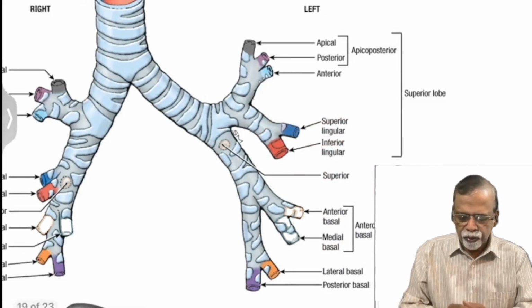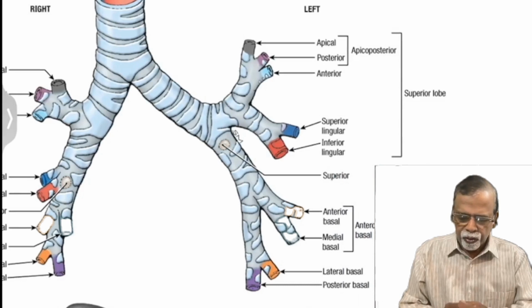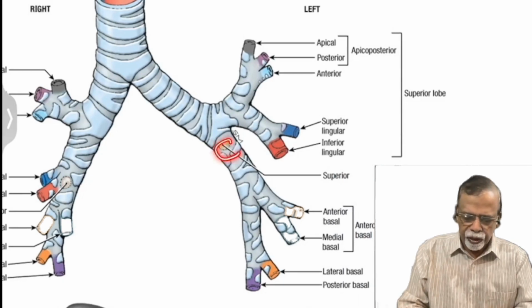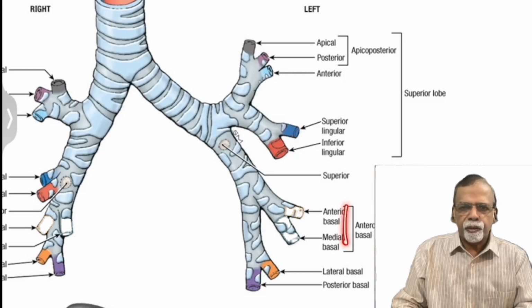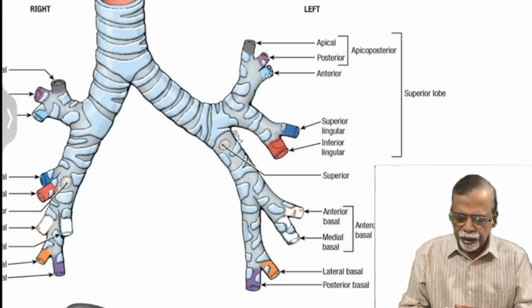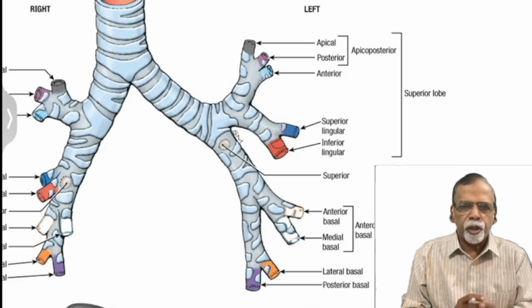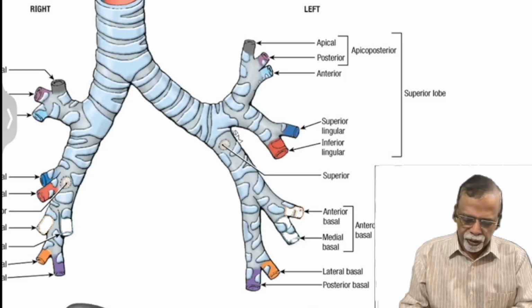The lower lobe is almost the same: superior, then anterior basal, medial basal, lateral basal, and posterior basal. Sometimes the anterior and medial can be combined as the anteromedial basal segment. This is important when you are considering surgery. So there are 10 bronchopulmonary segments.